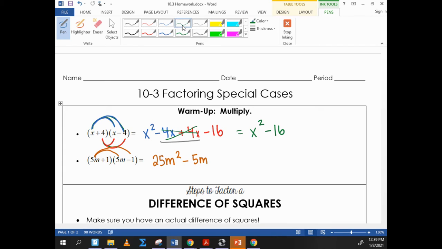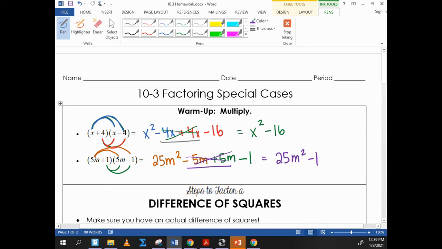Now distribute your 1 to both terms. 1 times 5m gives you a positive 5m, and then 1 times -1 gives you a -1. Again, this nice problem has these middle terms that just cancel each other out. If you add 5m to -5m, you have 0m, which we don't need to write down when it's 0. So we just have 2 terms here as well, a 25m squared and a subtract 1.